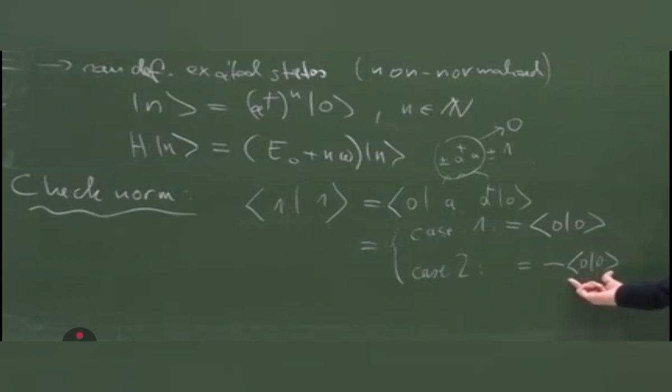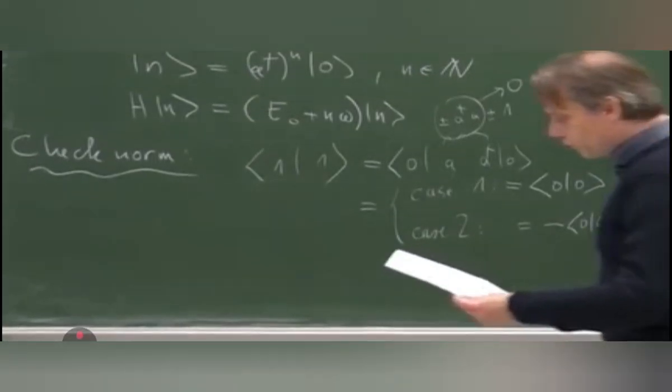But anyway, it cannot be that both states have positive norm. One of them must be negative, or both must be 0. But either way, this contradicts our Hilbert space postulate that all states which are not a null vector have positive norm. So that is a contradiction to Hilbert space axioms.